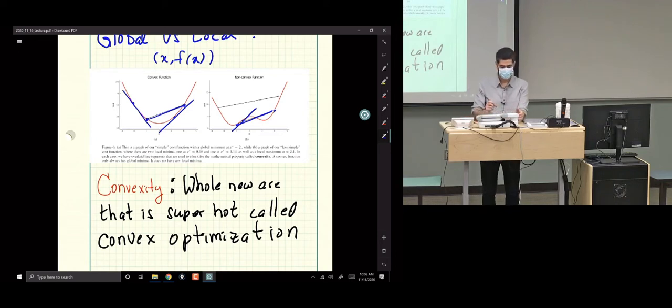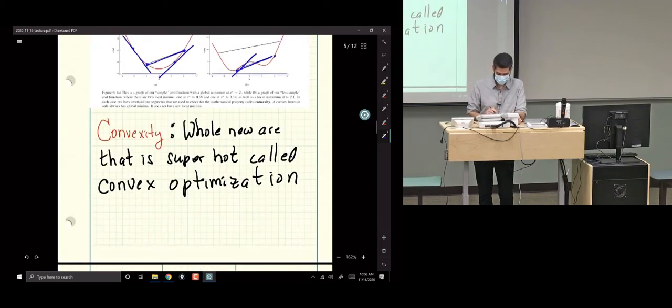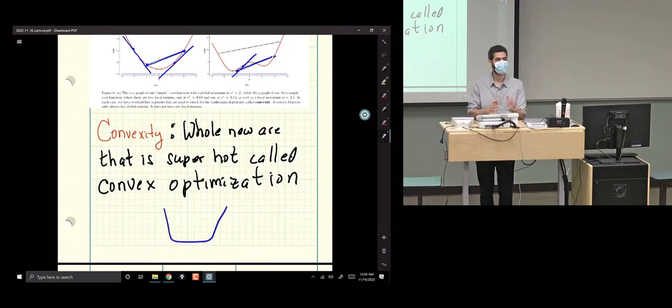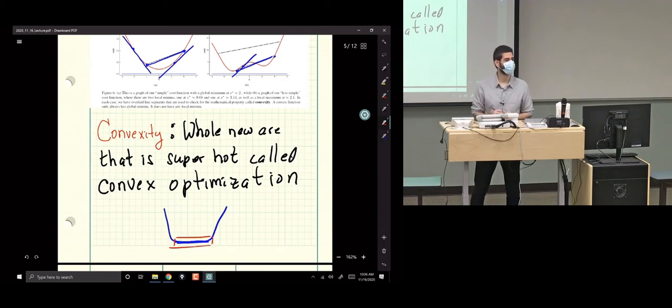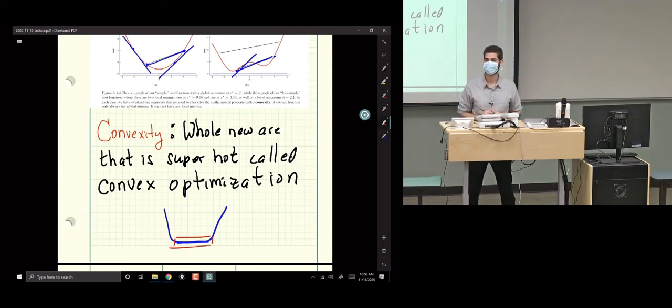The consequence of that for us is that if the function is convex, there is a unique minimum. If we find any local minimum, it doesn't have to be unique because your function can be like this, right? But they're equivalent. All the points here are global minima because the function takes the same value. It's a straight line.